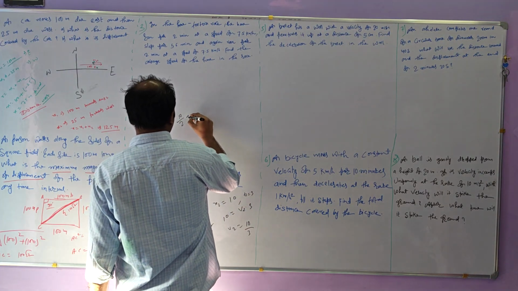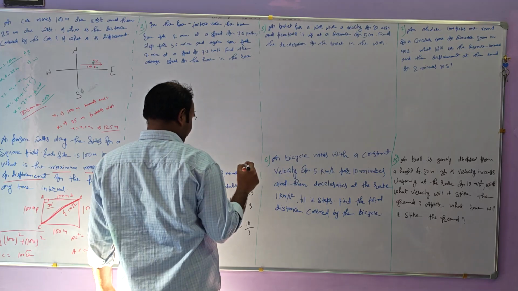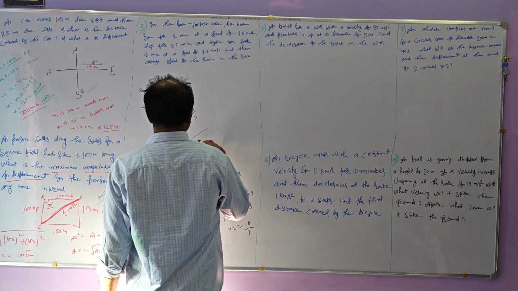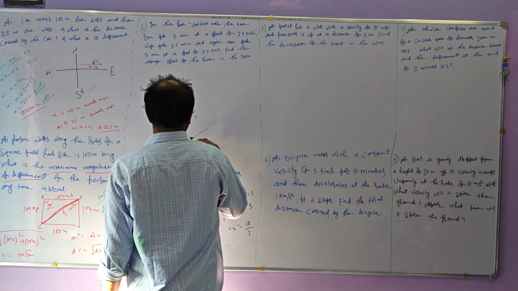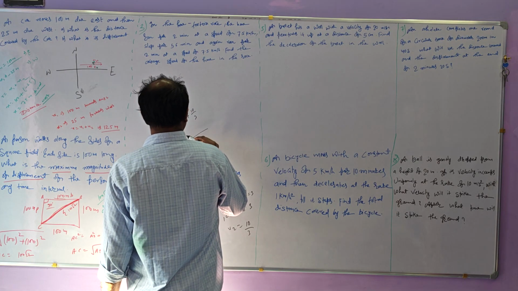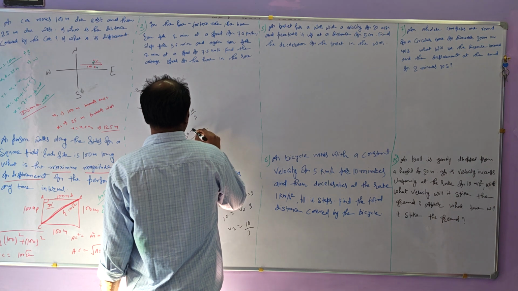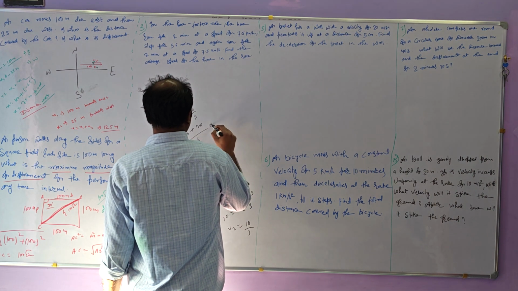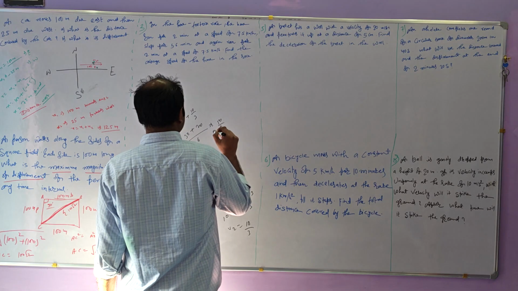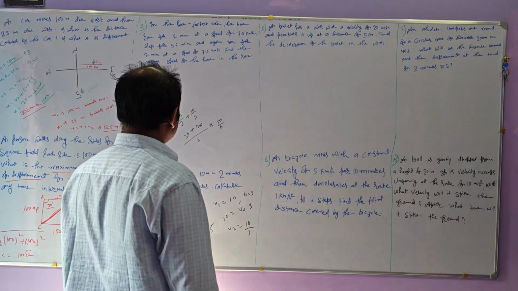Then 10 upon 2 plus 10 upon 3, that is 30 plus 20, 50 upon 6.